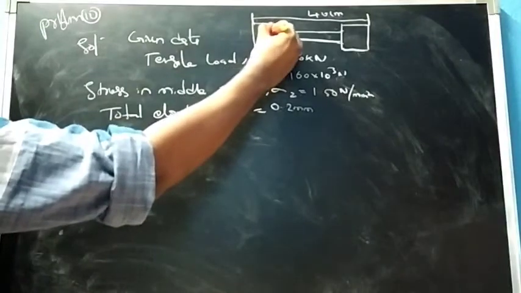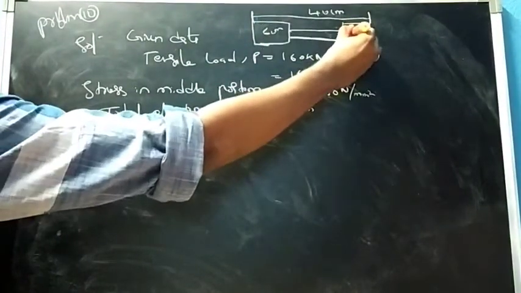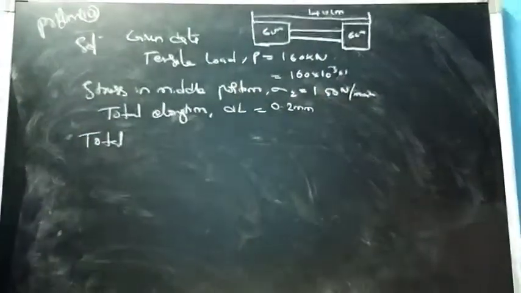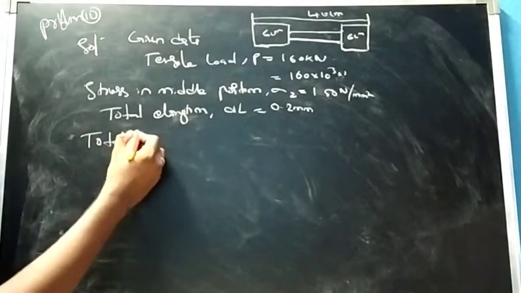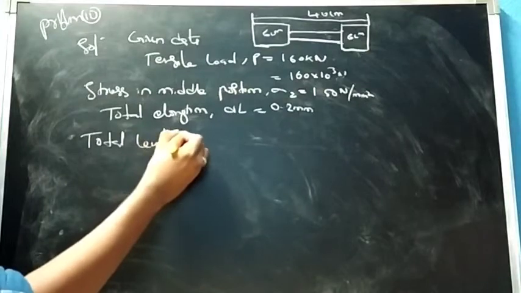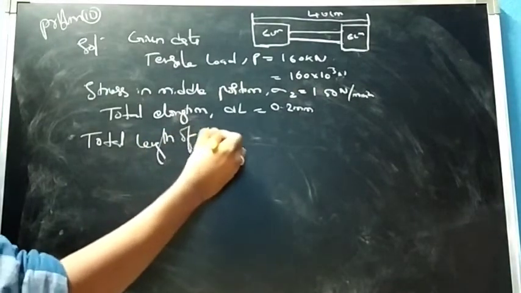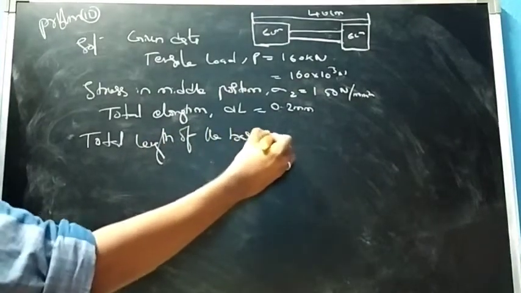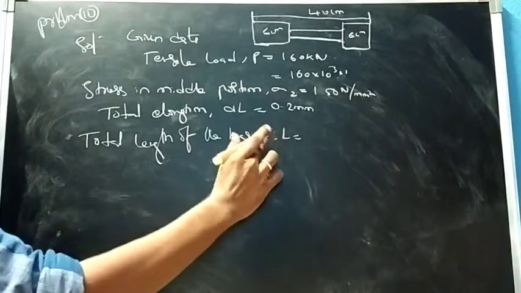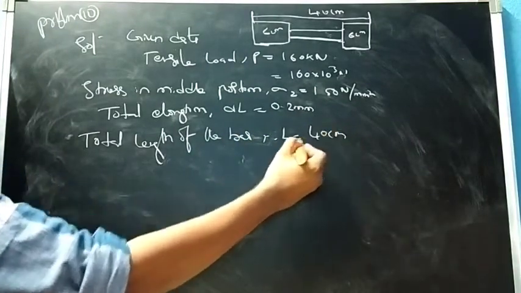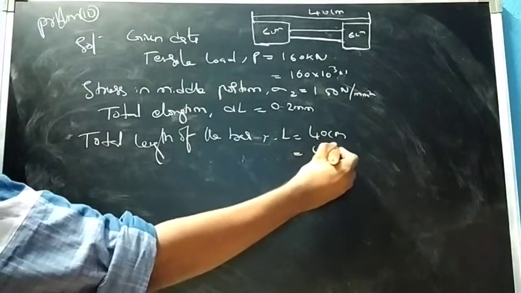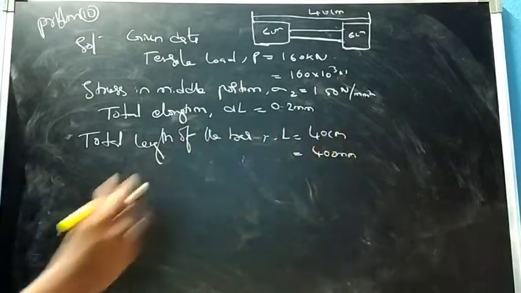And 6 centimeters there on each side, right? The total length of the bar L is equals to 40 centimeters. Convert into mm, it will become 400 mm, right?